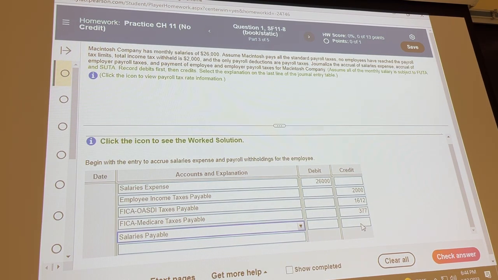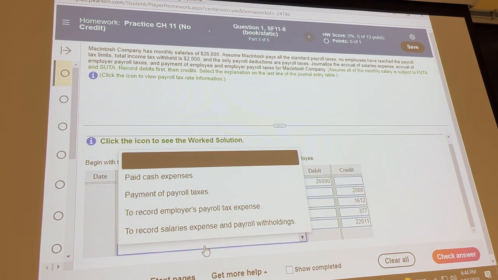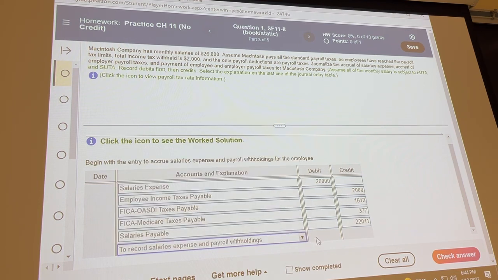And so if we were to subtract these three deductions from the gross wages, we would end up with 22,011. And at the bottom, we would put to record salaries expense and payroll withholding.